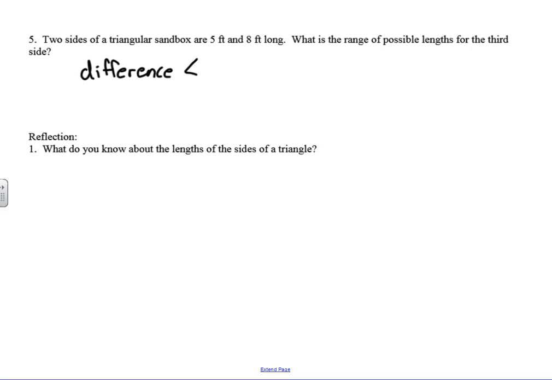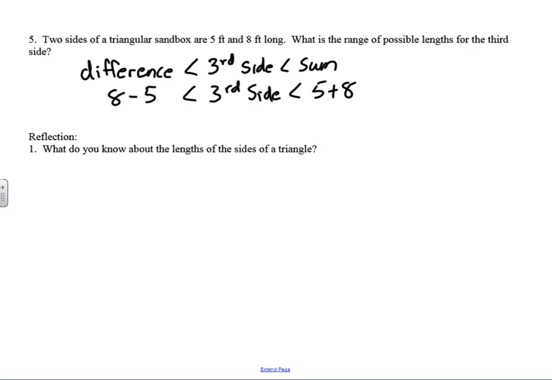The difference has to be less than the third side, which has to be less than the sum of the two. So let's plug that into this one here. So 8 minus 5 is the difference. Here's our third side. And the sum is 5 plus 8.